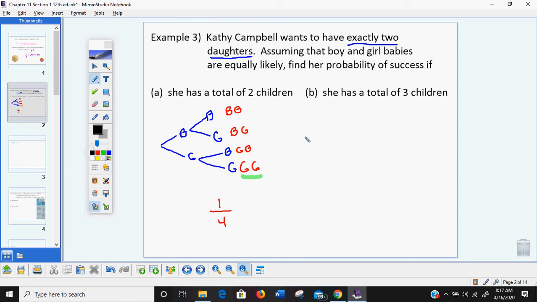Now let's say, what if she had 3 kids? Okay, so the first one could be a boy or a girl. Let's do this one over here. The next child, boy or a girl. Now we need to do a branch for the third child. So the third child up here, boy or girl.